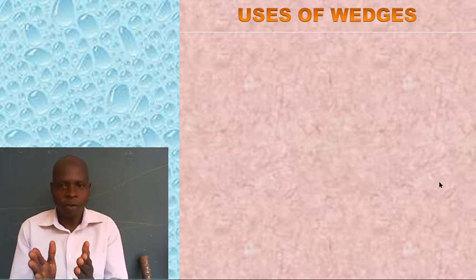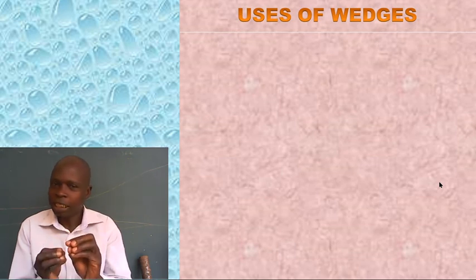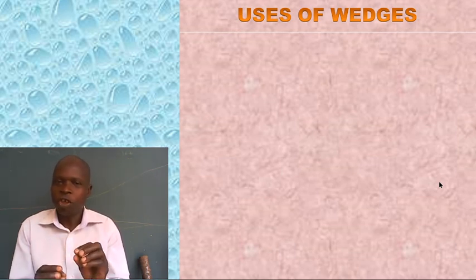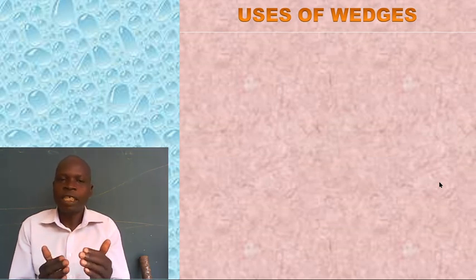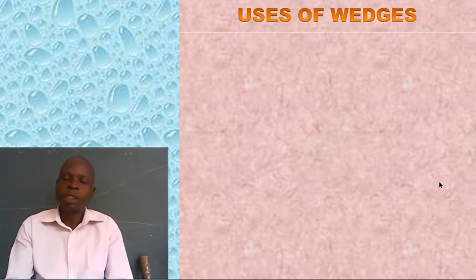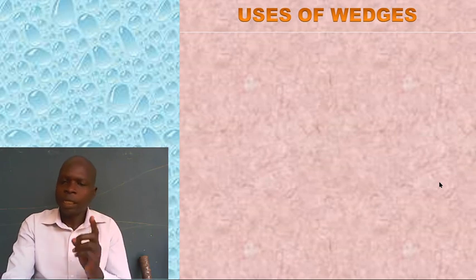So when they ask for uses of wedges, children just focus on a particular wedge, just tell us how that one is used. Because if you do not do that, not all wedges have the same uses. So generally, there is a difference here.